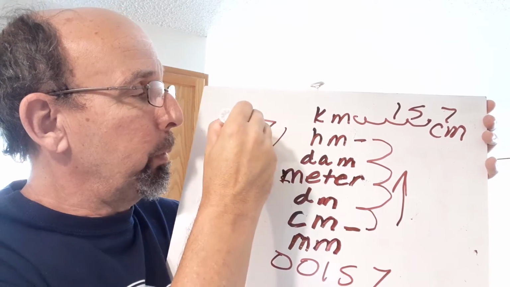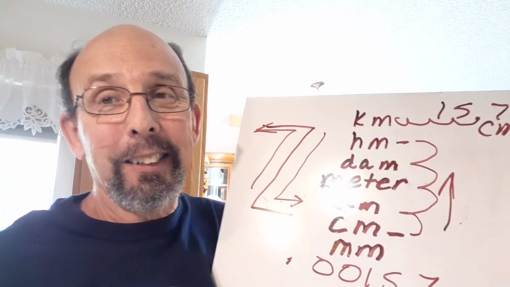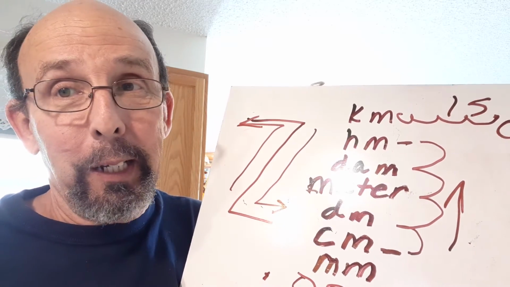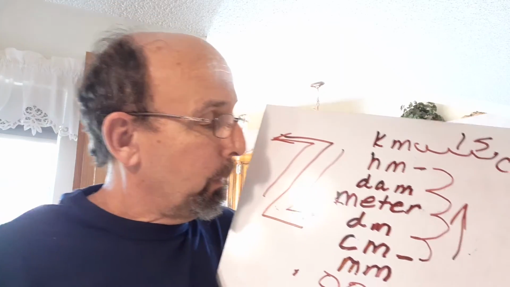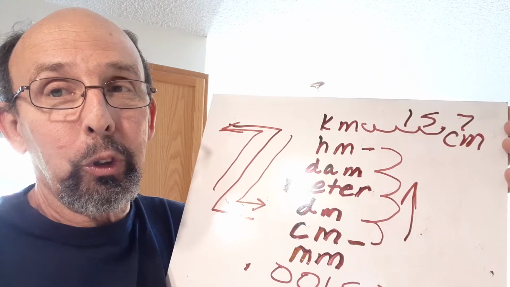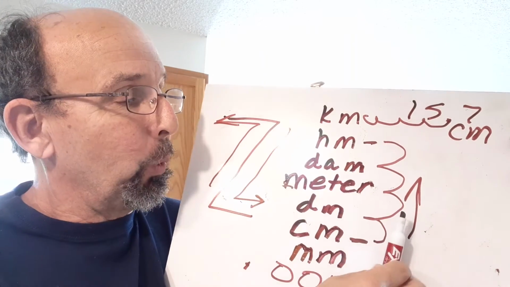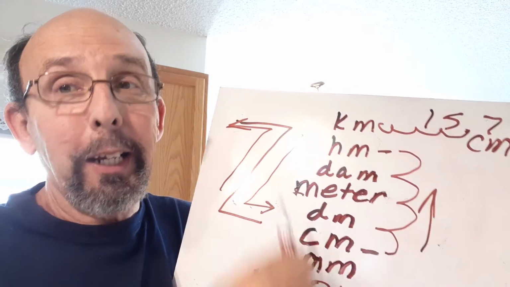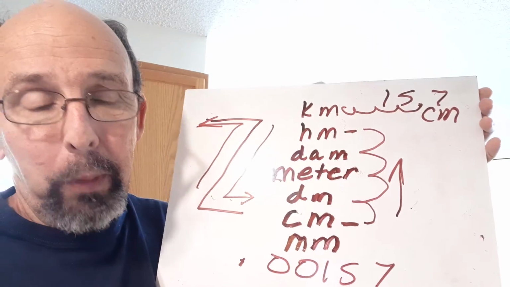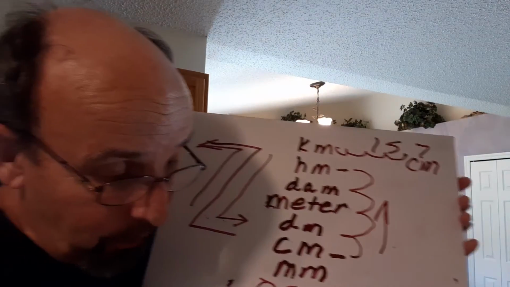If you're moving up, the decimal place goes to the left. And again, it's the same as saying large to small or small to large. Here I'm going small to large. If I'm going down in the scale, I'm going large to small, so I'm multiplying. Here I'm going small to large, so I'm dividing. I'm going to the left. All right, same thing.